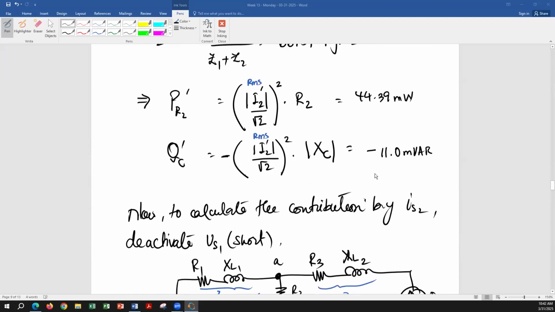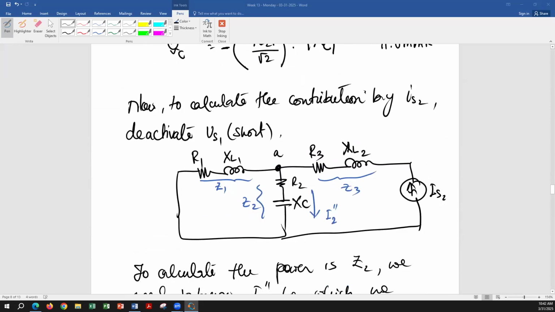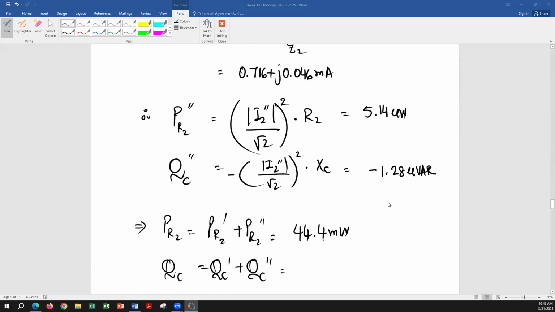And we have negative 11.0 something millivolt ampere reactive. So these will be our individual values, of course.